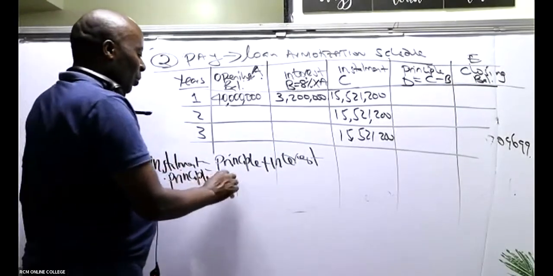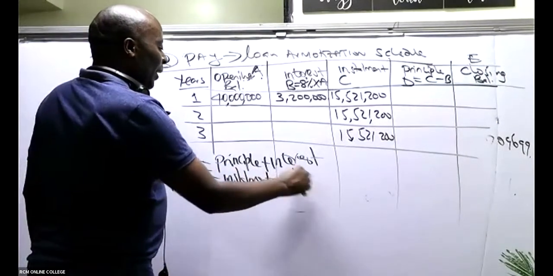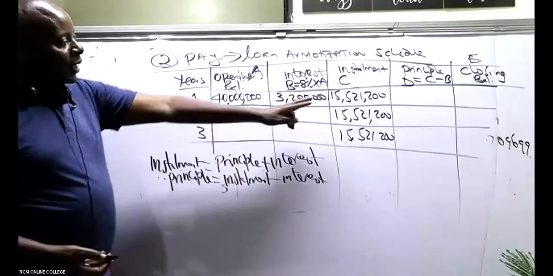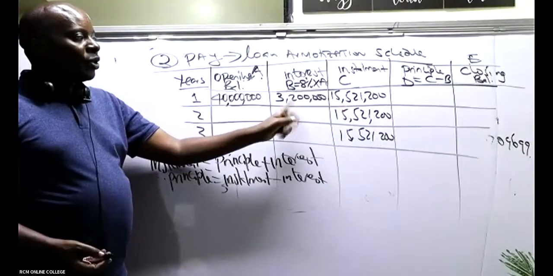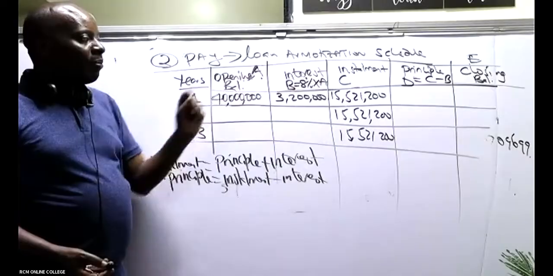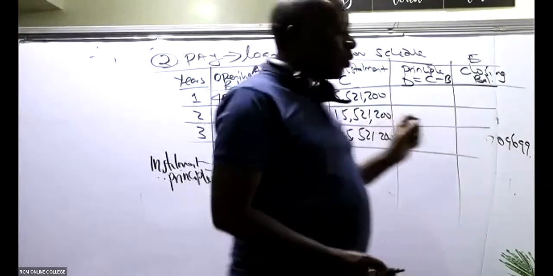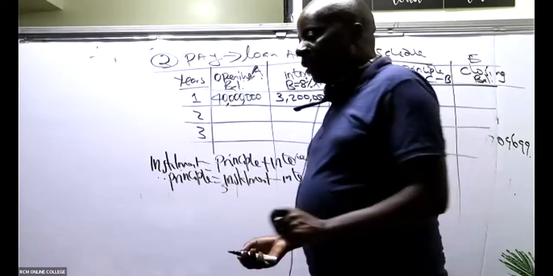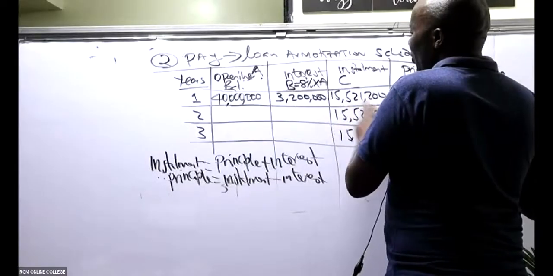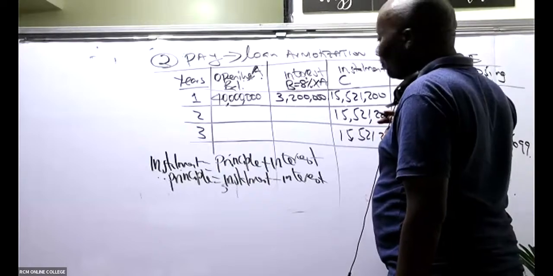To get principal, I will take the installment minus what here, somebody? Minus interest. So I take the installment that I have paid minus the interest, which is column C minus column B. In this case, 15,521,200 minus 3.2 million gives me how much principal?